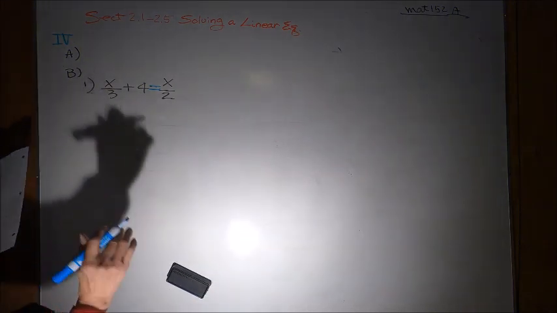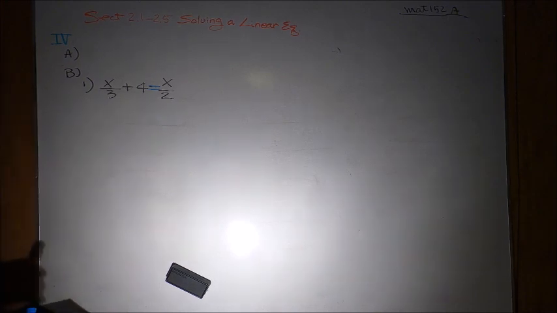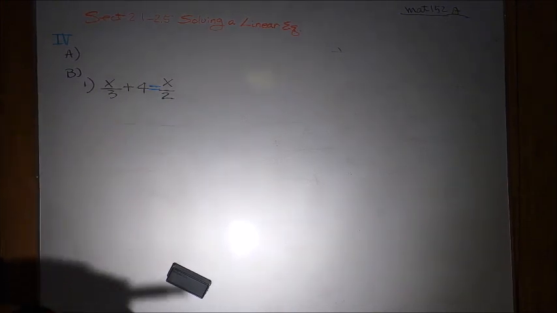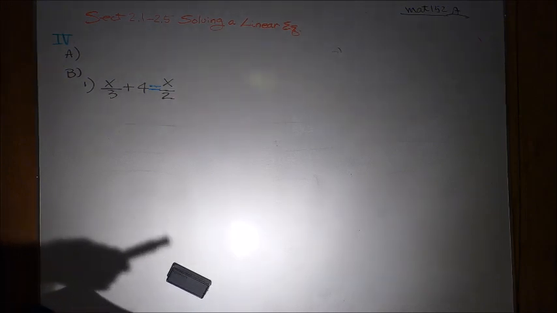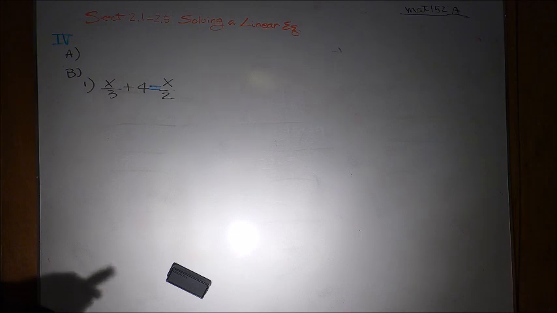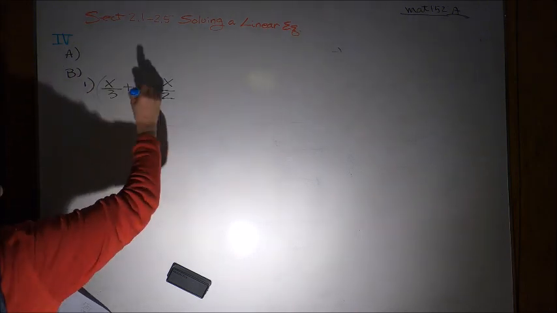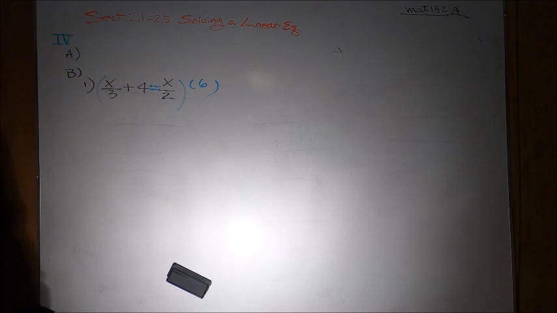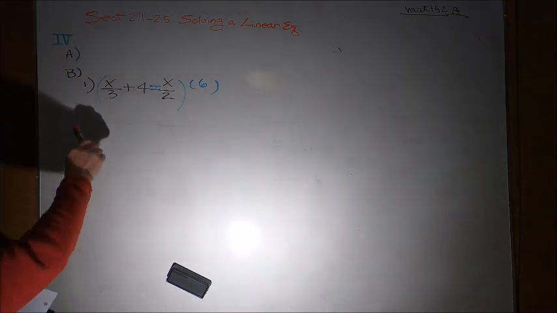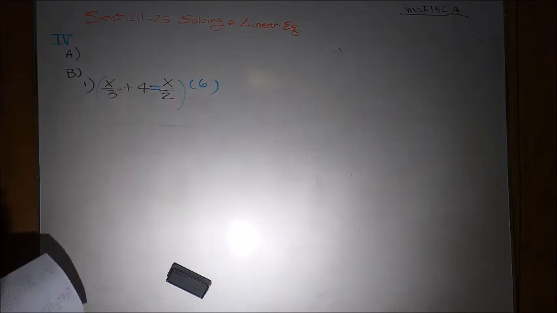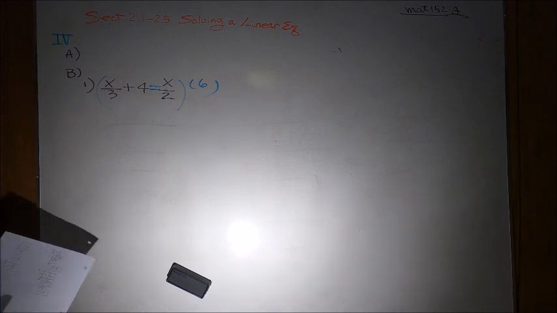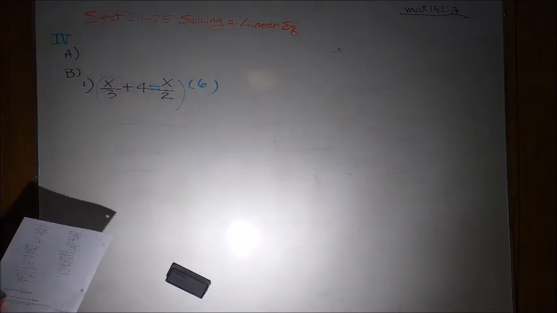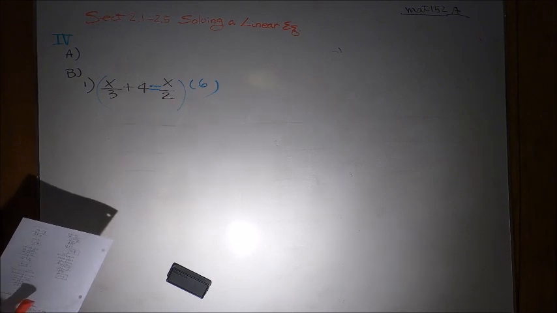So for us to get rid of fractions, for 3 and 2, which number can we multiply by so that 3 and 2 will be gone? So we use what? 6. That means what kind of method are we using to solve problems with fractions? Look at part A earlier, the strategy for solving equations involving fractions.